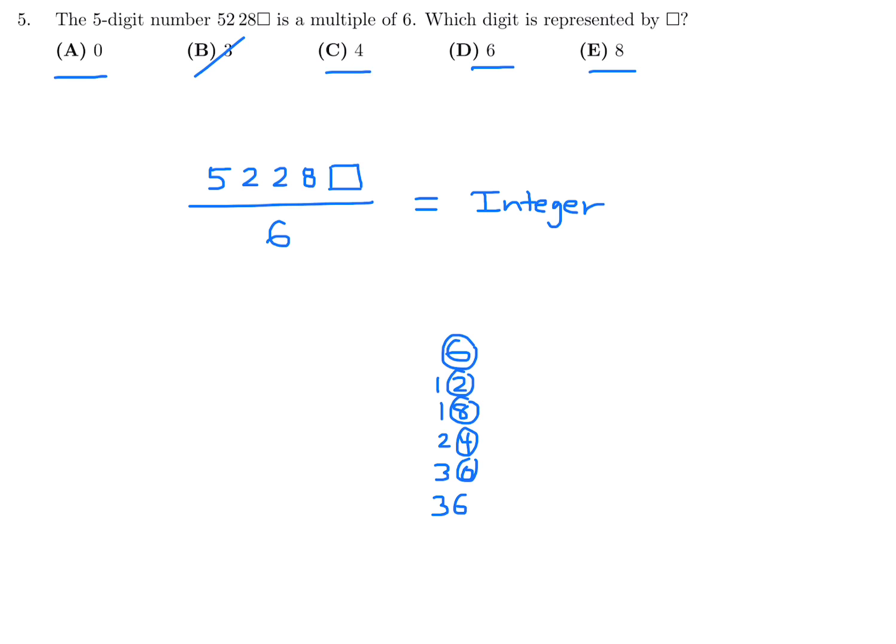And if you do, you will quickly find out that the only one that fits to make this an integer is 4. Because 52284 divided by 6 is an integer. It is equal to 8714. All right. So not very scientific, but that's okay. It's not too much trial and error. So number 5, the answer is C.